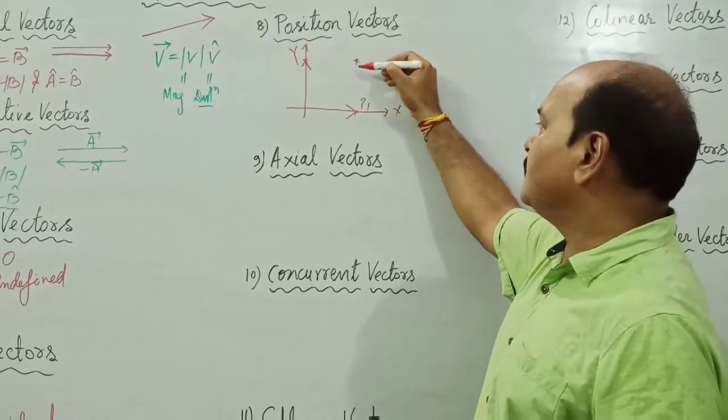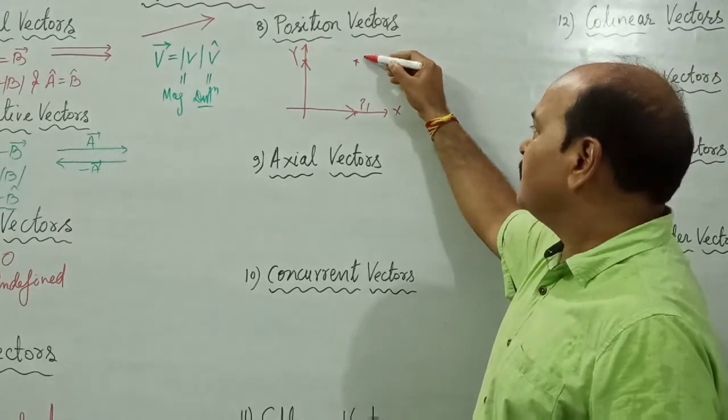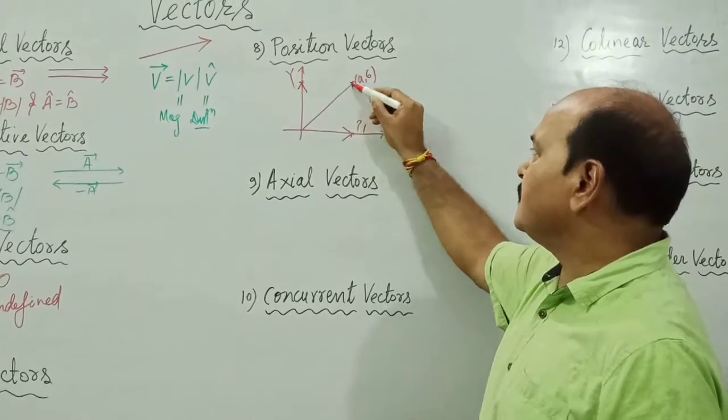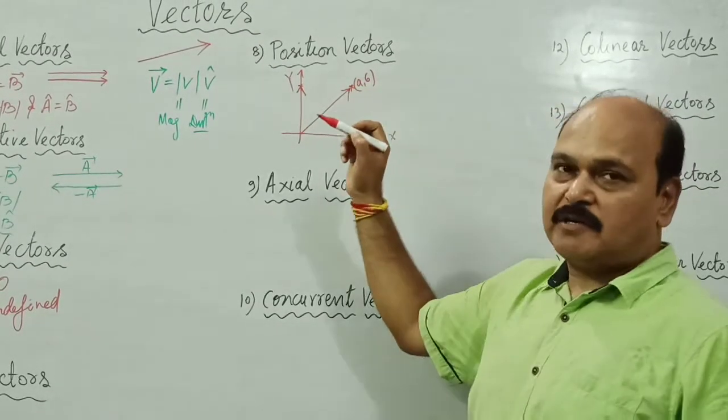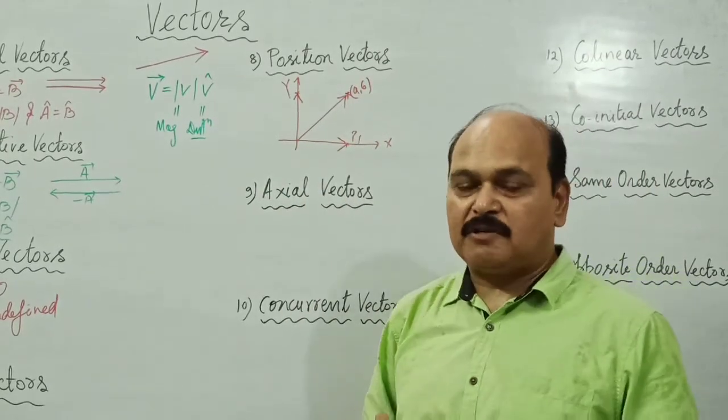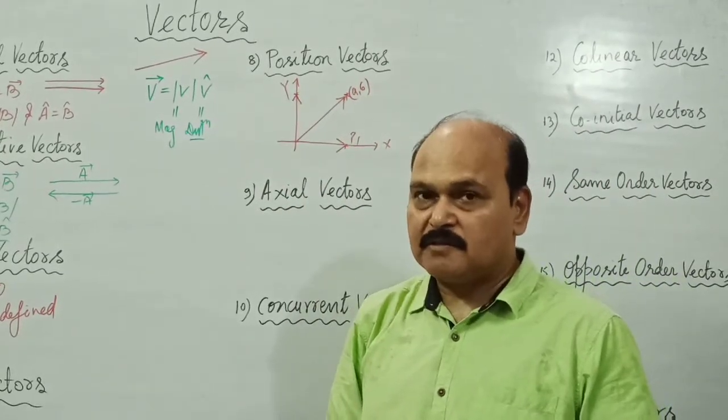If we have a point here, its position coordinates may be A, B, and the line joining this particular point is the position vector of this point. So position vectors are the vectors which express the position of a point in space.